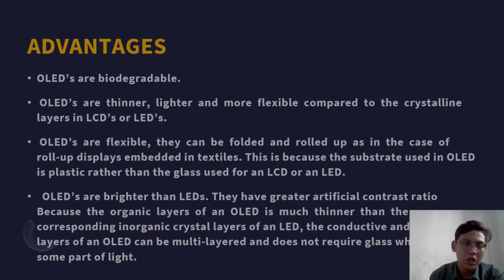Third one, OLEDs are flexible. They can be folded and rolled up, as in the case of rolled up displays embedded in textile. This is because the substrates used in OLEDs are plastic rather than the glass used for LCDs or LEDs. The last one, OLEDs are brighter than LCDs.